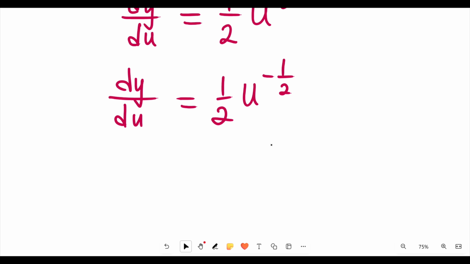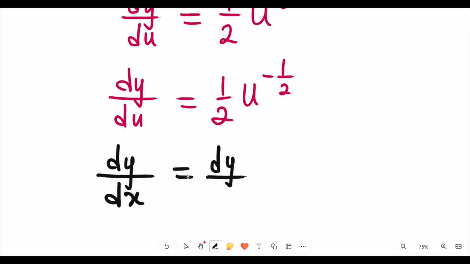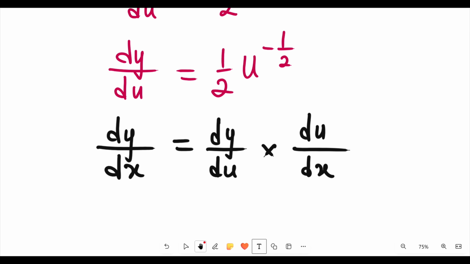We are going to multiply their derivatives to get our dy dx. So dy dx will be equal to the product of the two derivatives, dy du times du dx. When you simplify the right hand side of the equation, you get back to the left hand side.